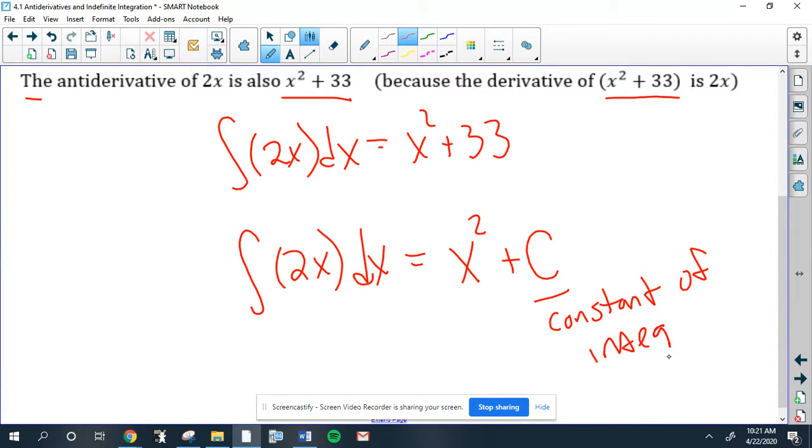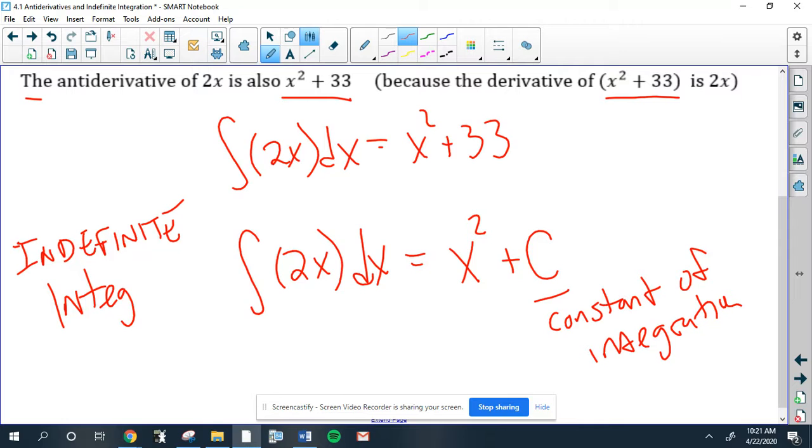So these are also called integrals. More specifically, these are called indefinite integrals. We are going to learn about definite integrals later on, but indefinite integrals, a good thought about why they're called indefinite is because they don't give you a definite answer.